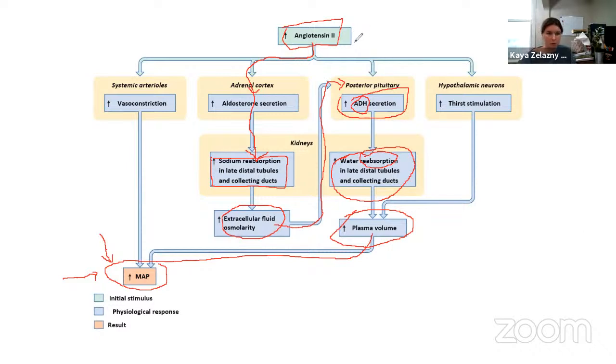So the final cool effect of angiotensin 2 is that we directly stimulate thirst. When you get thirsty, one of the things that may be happening is renin secretion converting to angiotensin 1, converting to angiotensin 2, stimulating you to want to drink.